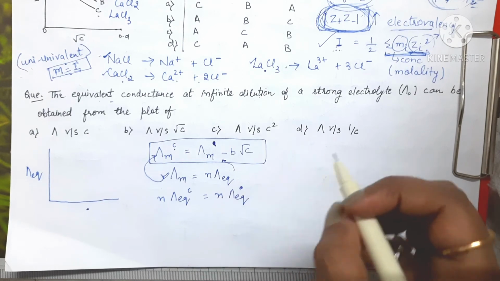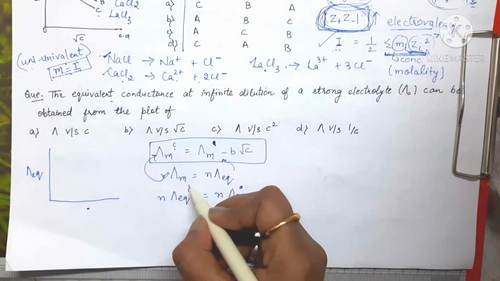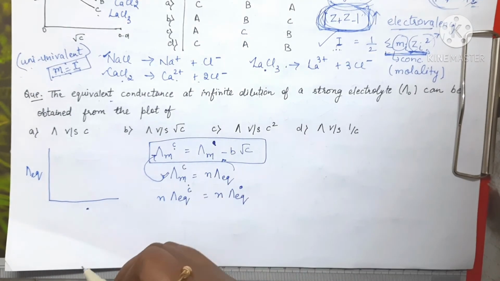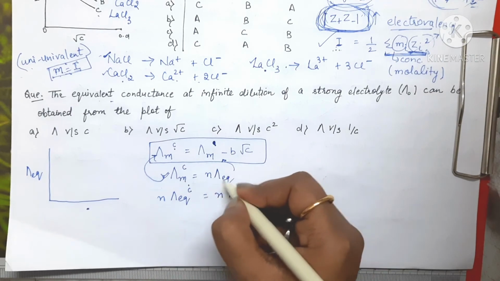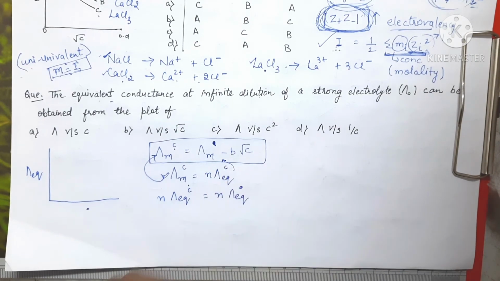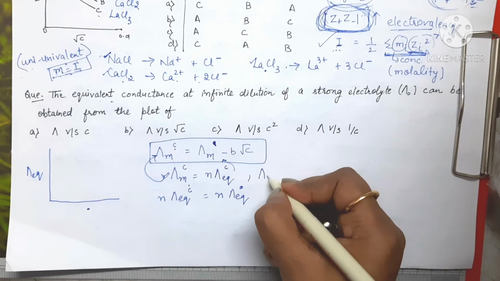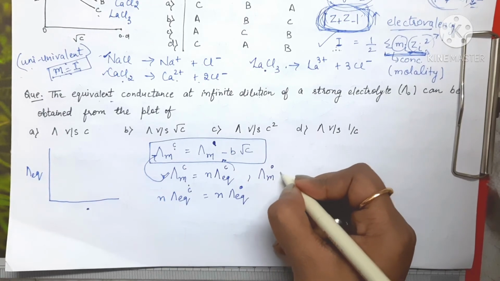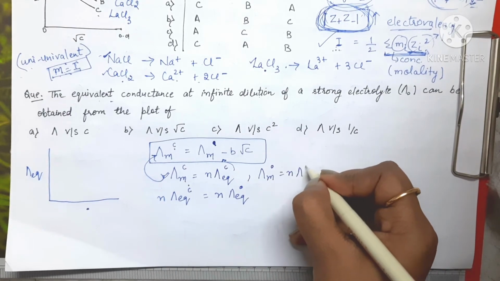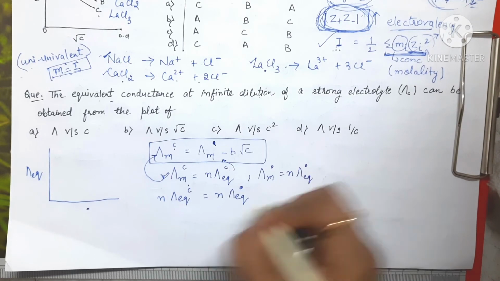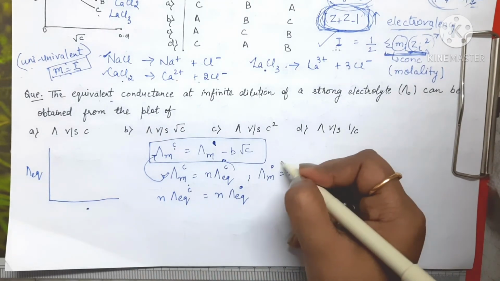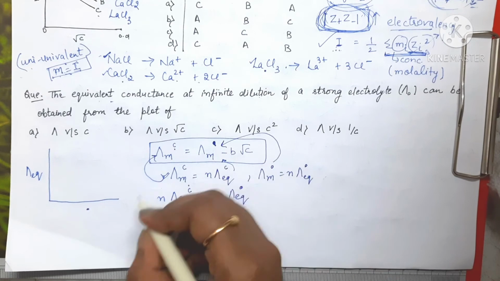Here, if this is at concentration C and this is at infinite dilution, then lambda m at concentration C will be equal to n lambda EQ at concentration C, and lambda m at infinite dilution will be equal to n times lambda EQ at infinite dilution. So we are basically putting these two values here and here.